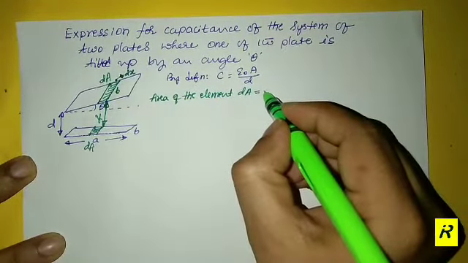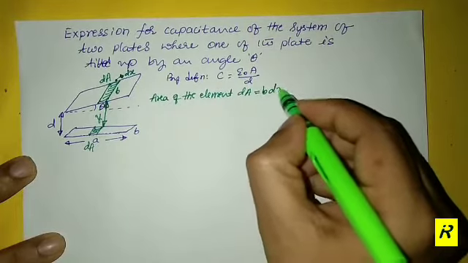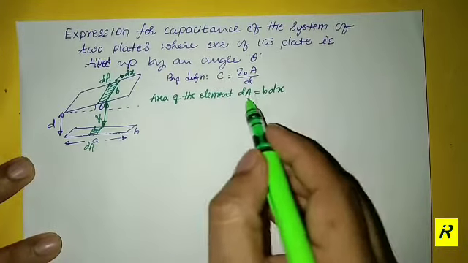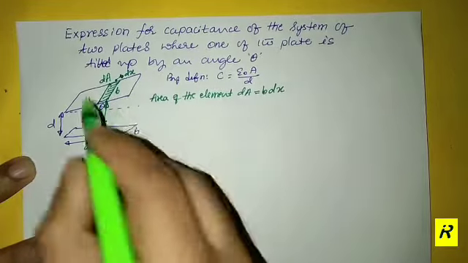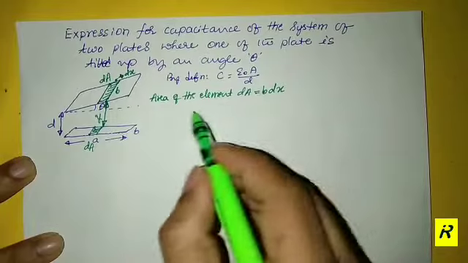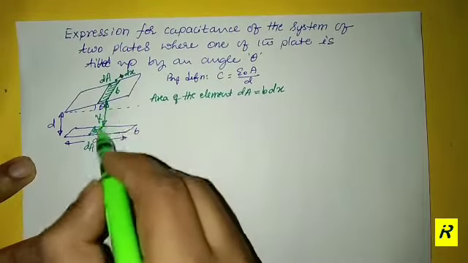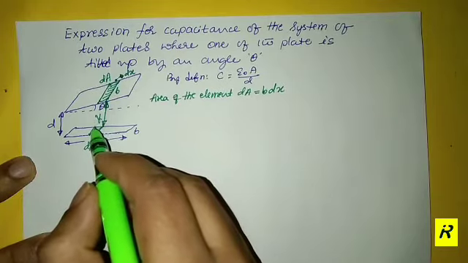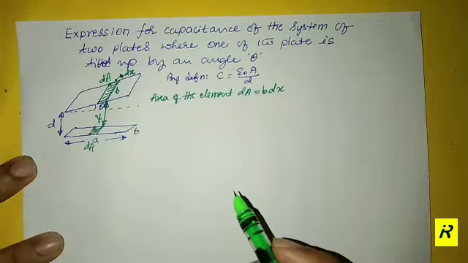So dA becomes b into dx. Area of this much value is here as well as here. So the area element is now known, and the distance between the two plates is y. So we have to do something for this y now.